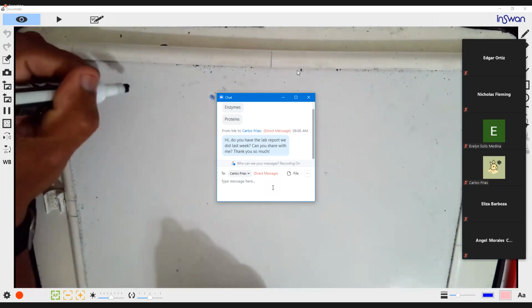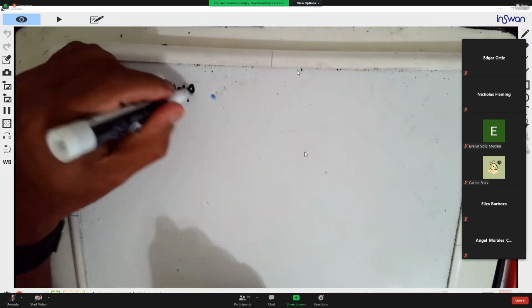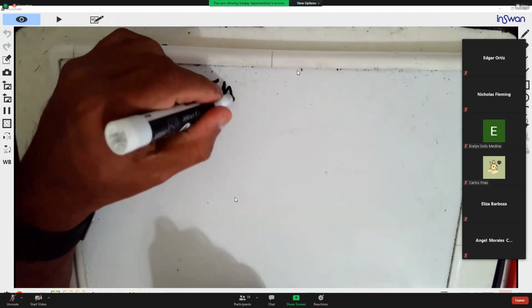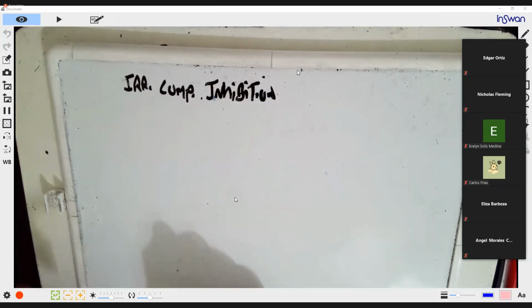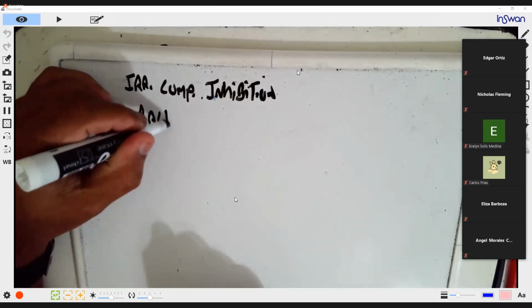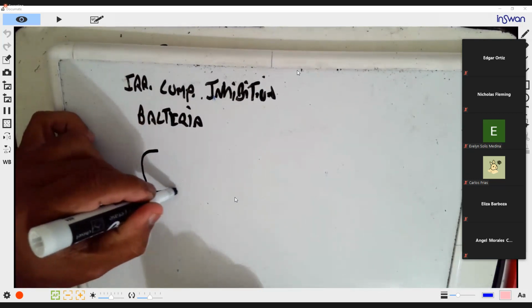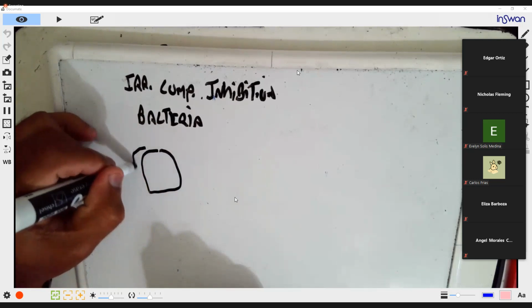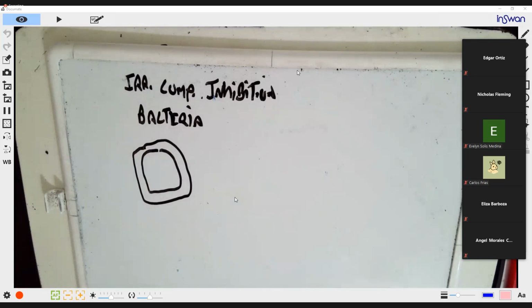So this is irreversible competitive inhibition. We're going to look first in bacteria. What do bacteria have that animal cells don't have?